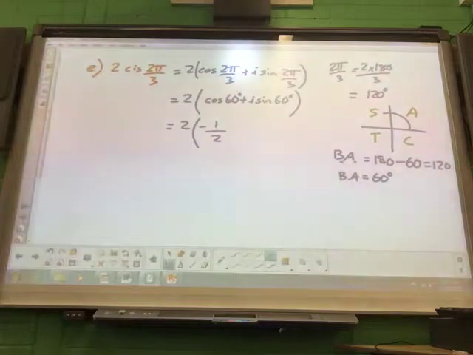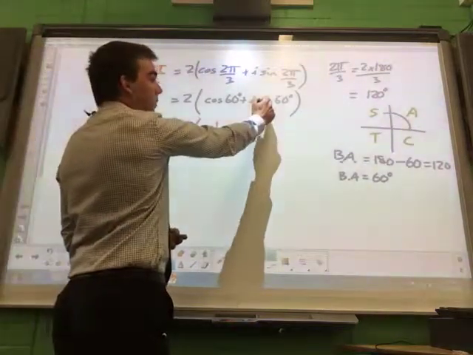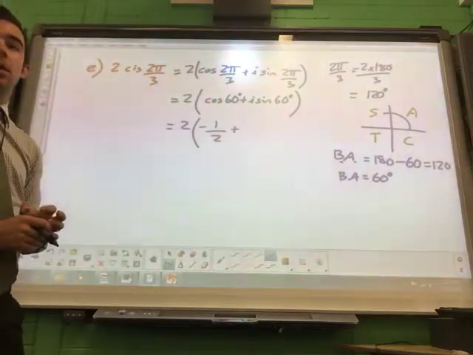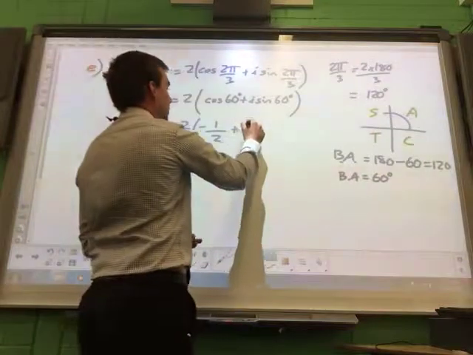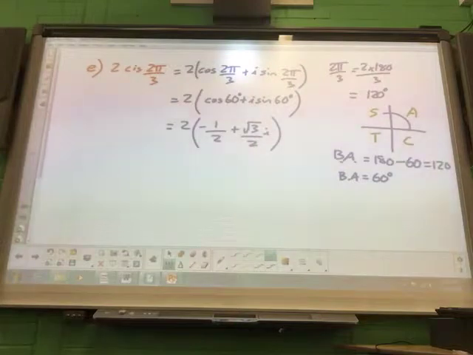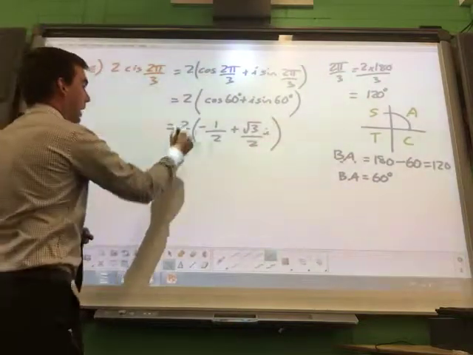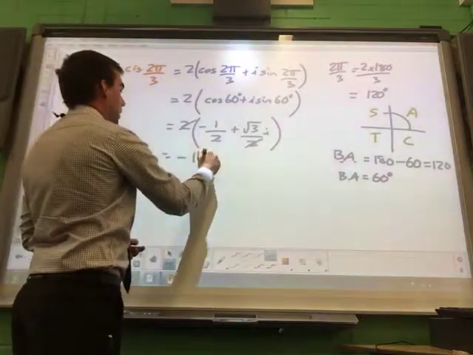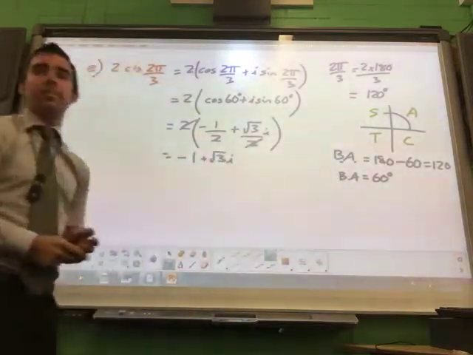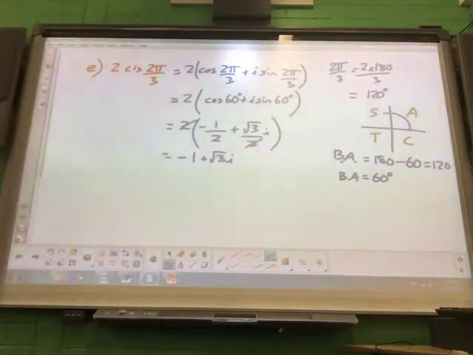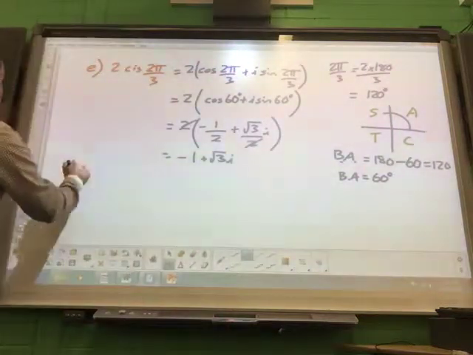Sine is positive, sine of 60 is root 3 over 2 times i. Then expand it out, and nicely it cancels for us. So it's negative 1 plus root 3i. And that is a point in the second quadrant, isn't it? So that's one way you can quickly check your answer.